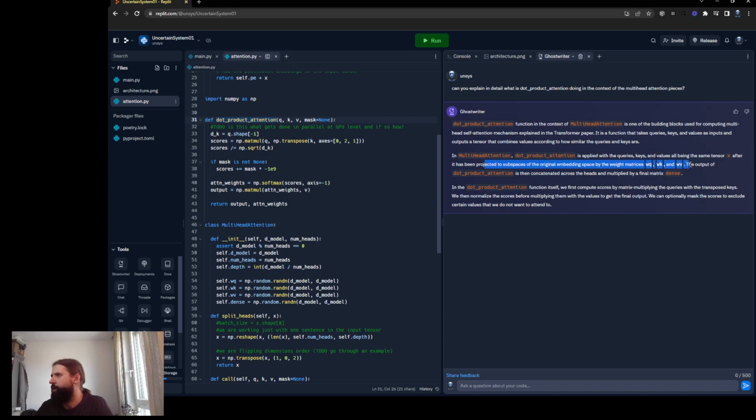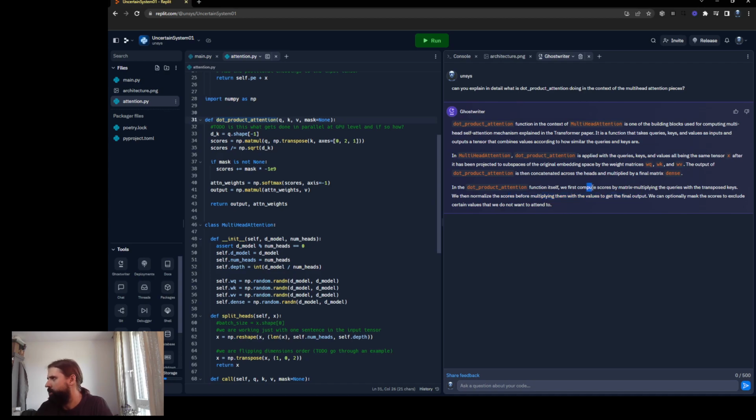The output of the dot product attention is concatenated across the heads and multiplied by a final matrix dens. In the dot product attention function itself, we first compute scores by matrix multiplying the queries with the transposed keys. We then normalize the scores before multiplying them with the values to get the final output.